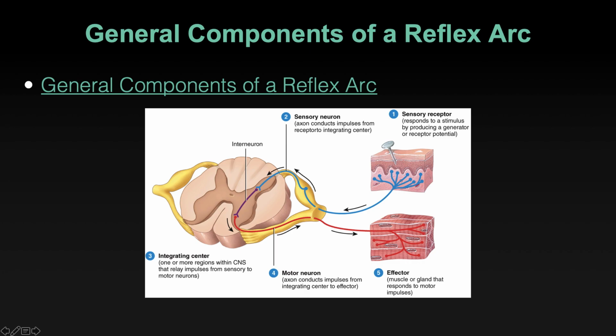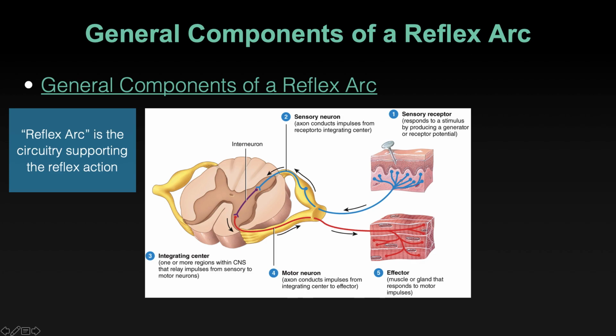So reflexes and reflex arcs, the difference there is that the reflex arc is the circuitry that supports the reflex action. So the reflex is the thing that is accomplished. The reflex arc you can think of as the pathway that it takes, or the circuitry supporting the reflex action.